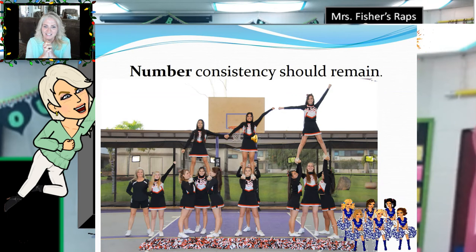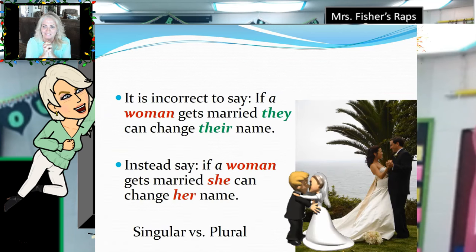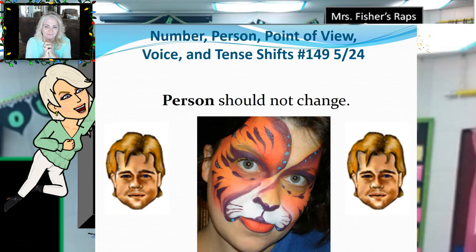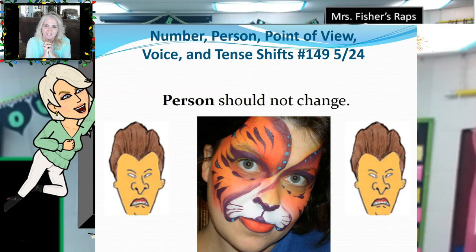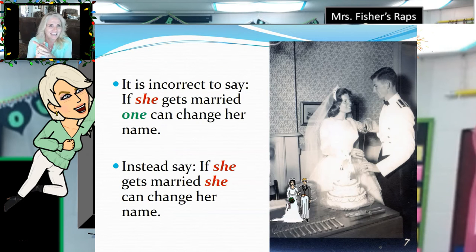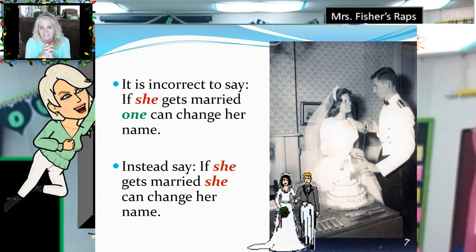Number consistency should remain. It is incorrect to say, if a woman gets married, they can change their name. Instead, say, if a woman gets married, she can change her name. Person should not change. It is incorrect to say, if she gets married, one can change her name.